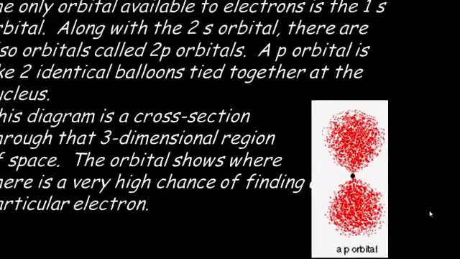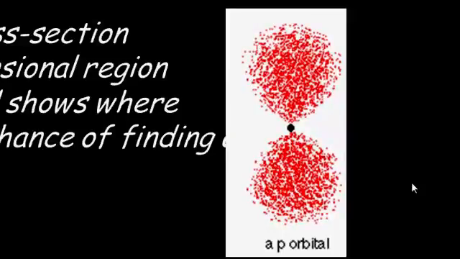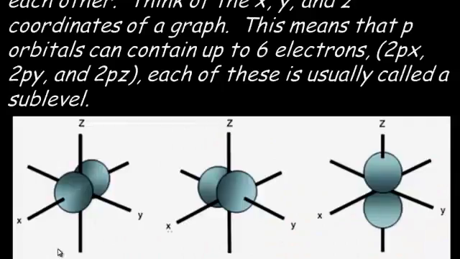Now we come to the p orbitals, and the p orbitals have a very different shape from the s orbitals. I really like this picture because it shows again the three-dimensional aspect of the p orbitals, and you can see here that there are actually three different p orbitals. So we would maybe label this one the 2px because it follows the x-axis.